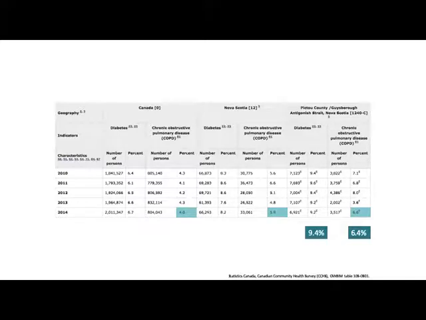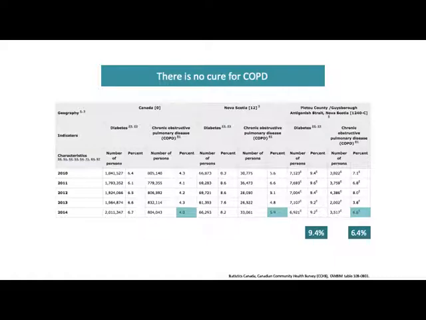So incidence and mortality tend to line up. They seem to be related on almost a one-to-one basis, and that's because there is no cure. If you have COPD, you can expect that it might cause health complications later on in life. It can't be reversed. There is no cure. You can only improve your quality of life with the symptoms you have, but there's no cure for COPD.